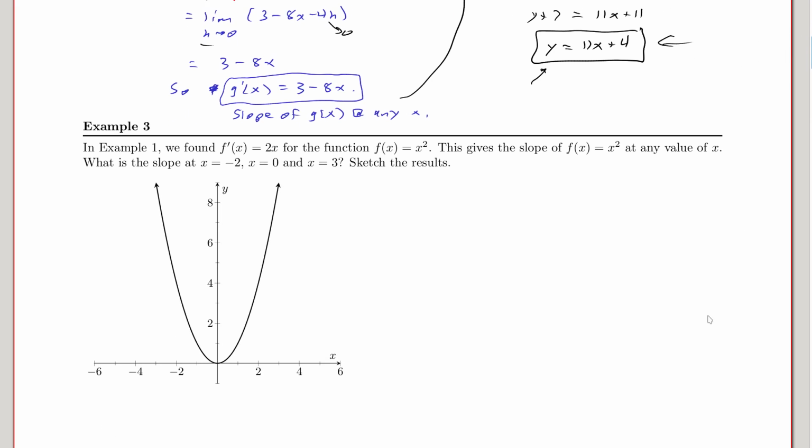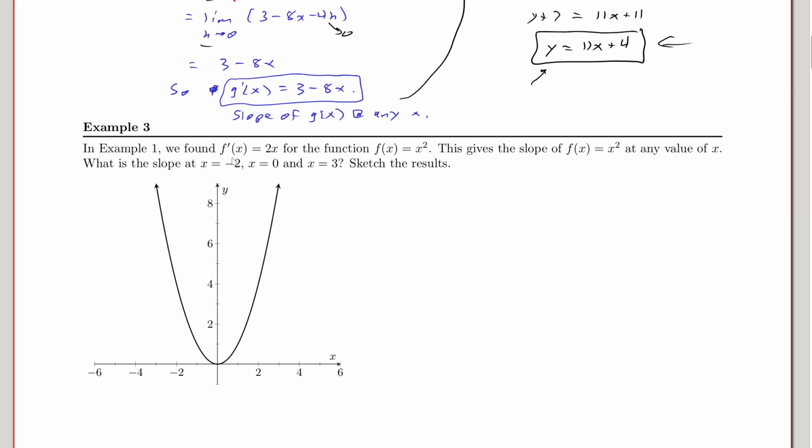Going back to the first example, we found that f prime of x, the derivative of f, was 2x. This is the slope of this function at any value of x that's in the domain. So we want the slope at these values.